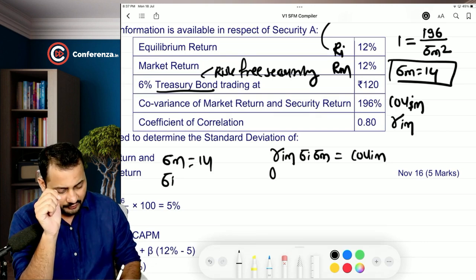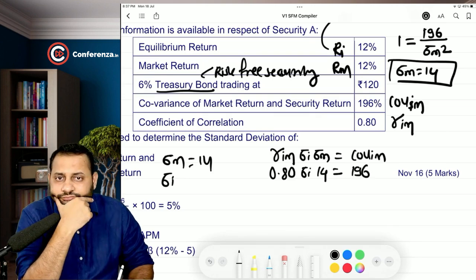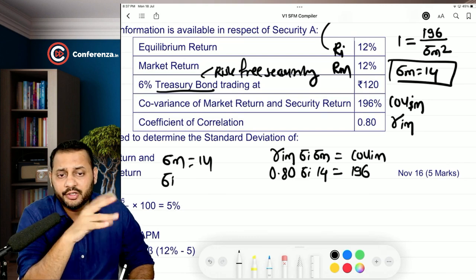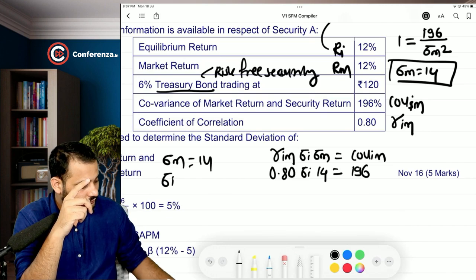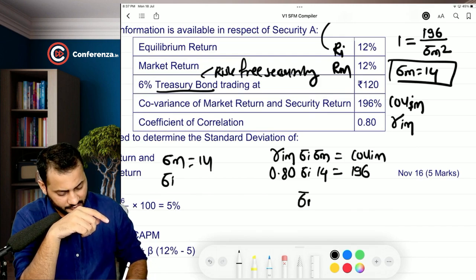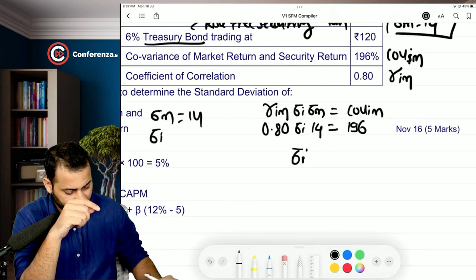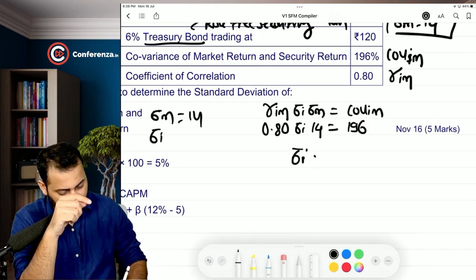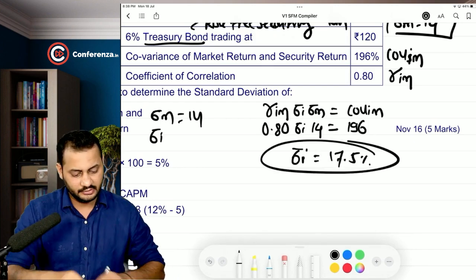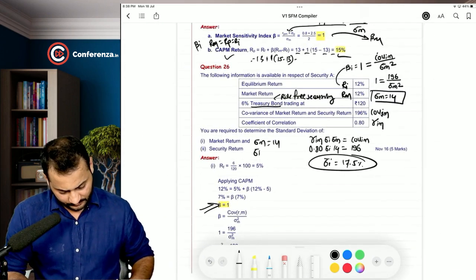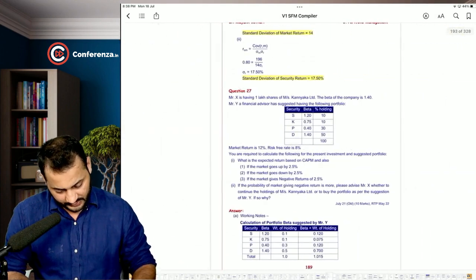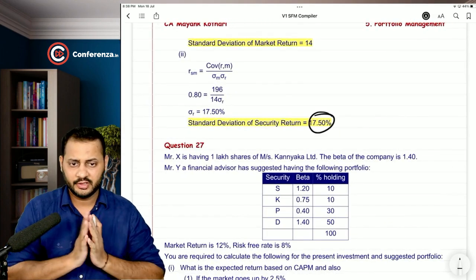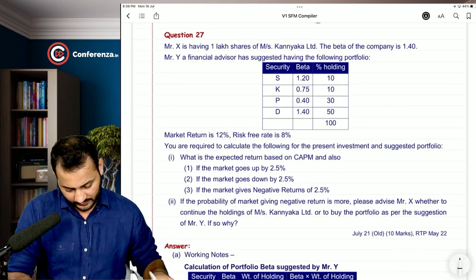The correlation coefficient is 0.80, standard deviation of M is 14, and the covariance is 196. Standard deviation of I is what we have to find out. 14 into 0.8 is 11.2, and 196 divided by 11.2 gives 17.5%. So this is the standard deviation of the market and this is the standard deviation of the security. Easy, very easy. Have a look at this question now.